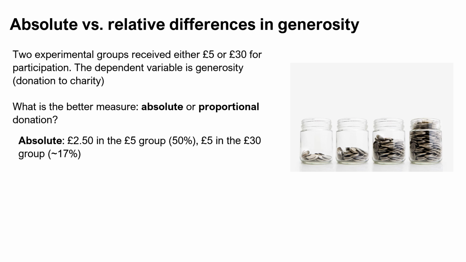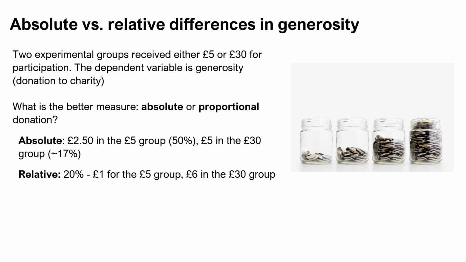So while that is twice as much actual money, it is only 17% of what they got. So depending on how we look at this, we would reach different conclusions regarding whether participants in the first group are the most generous, or whether it's the participants in the second group.